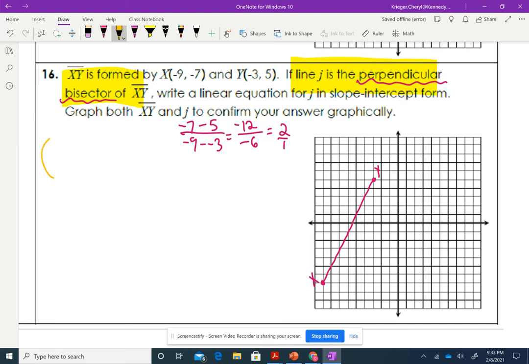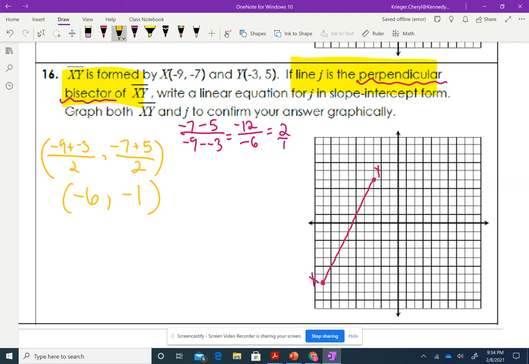So let's find the midpoint now. The midpoint formula is the average of my x's, -9 and -3, and the average of my y's, -7 and 5. So that is -12 divided by 2 is -6, and -2 divided by 2 is -1. -6, -1.